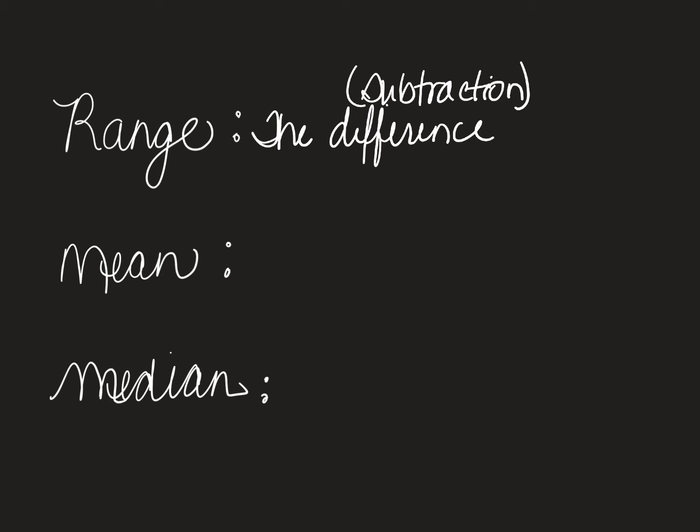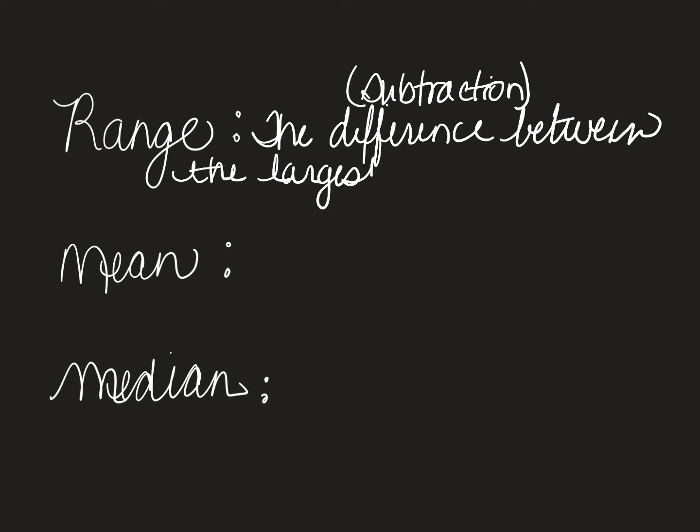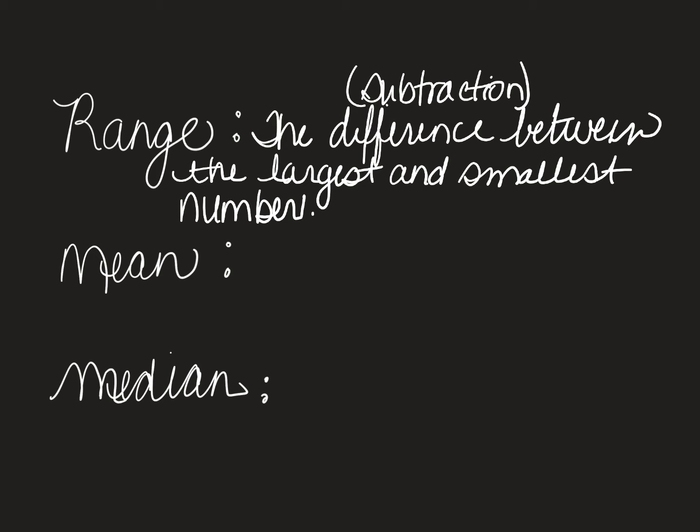So it is the difference between the largest and smallest number. And those numbers come from the data, and you'll see.